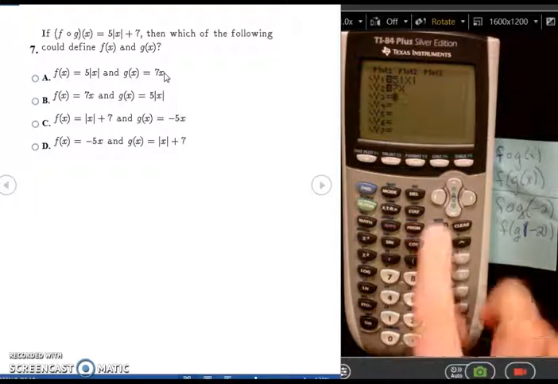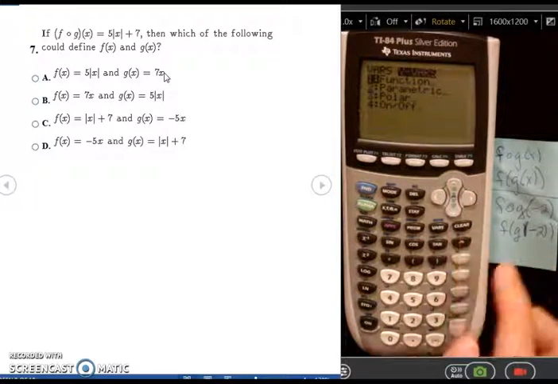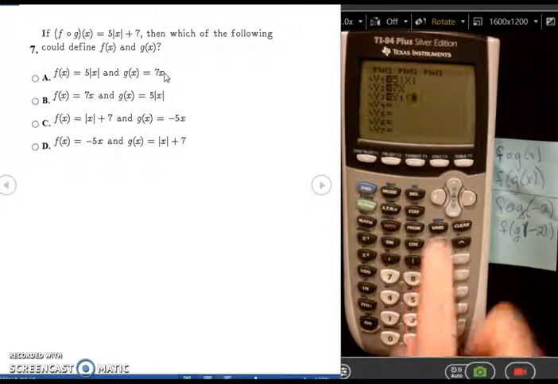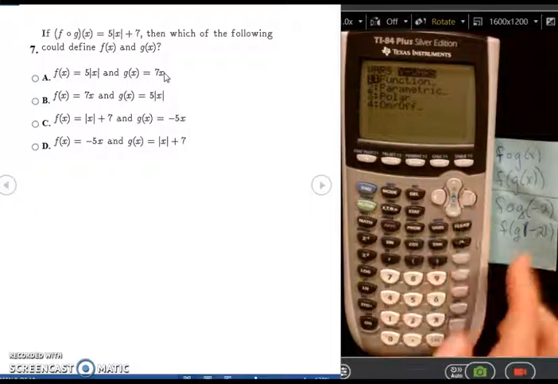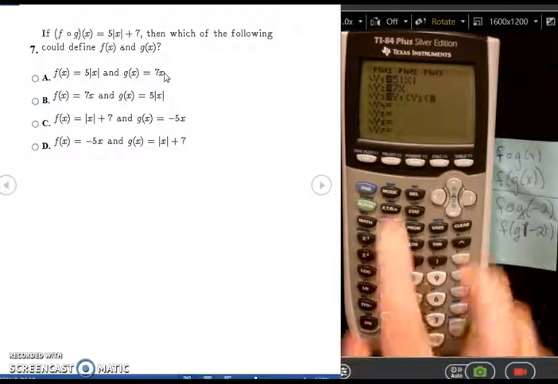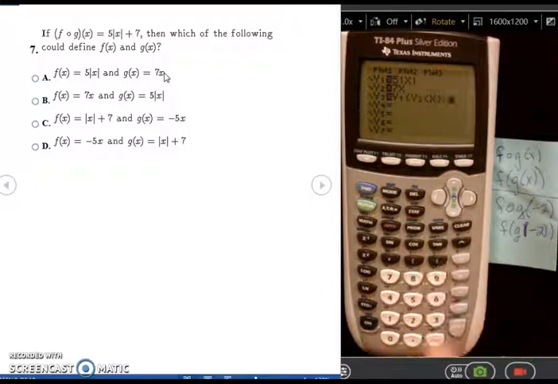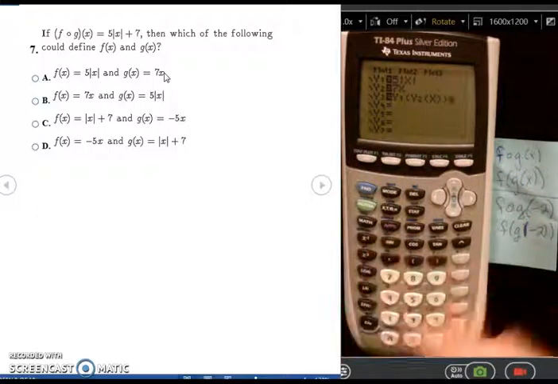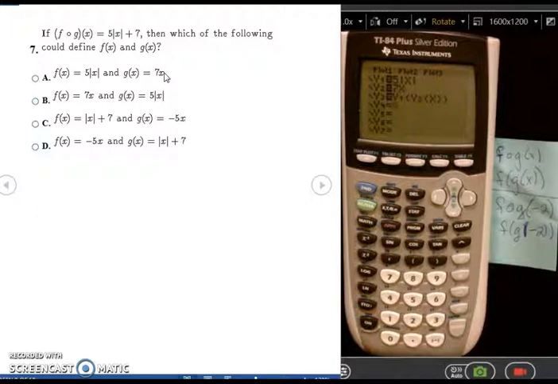So I'm going to go to vars, scroll to the right, enter, enter to get the y1, and then parenthesis, and then vars, scroll to the right, enter, down, enter to get y2, and then parenthesis, x, parenthesis, parenthesis, and that shows the composition of f of x and g of x. And I know that that composition is going to have to equal 5 absolute value x plus 7.